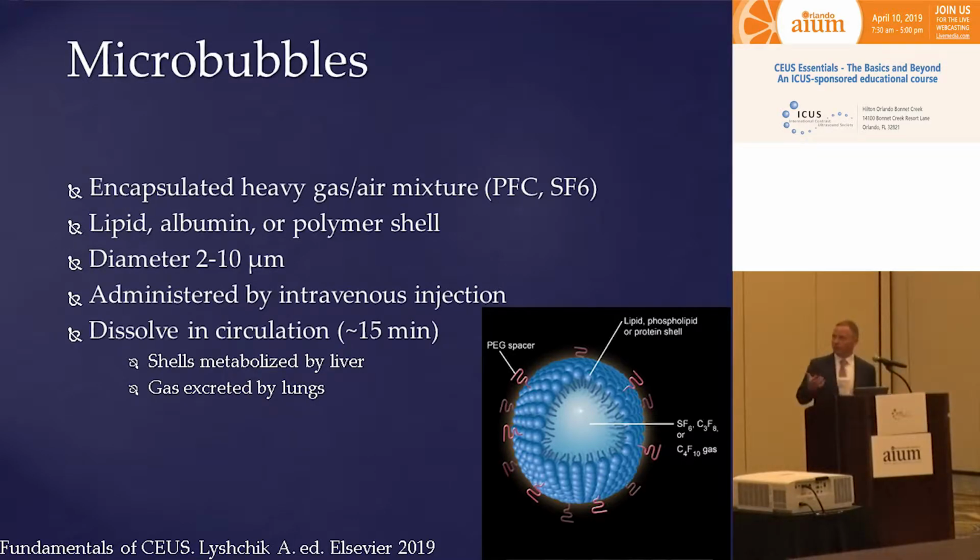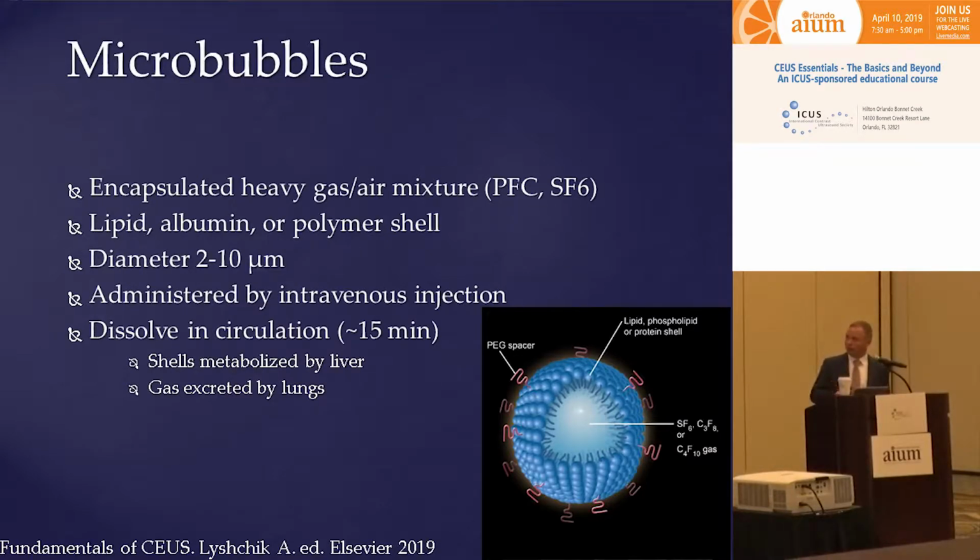They can have lipid, albumin, or polymer shells. Diameter of microbubbles is somewhere from 2 to 10 microns, but all of them are about the size of red blood cells, meaning they will go where red blood cells go, but they will not leak into interstitium, unlike contrast agents used for CT and MRI.